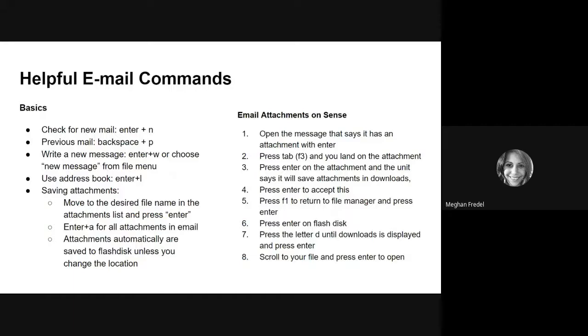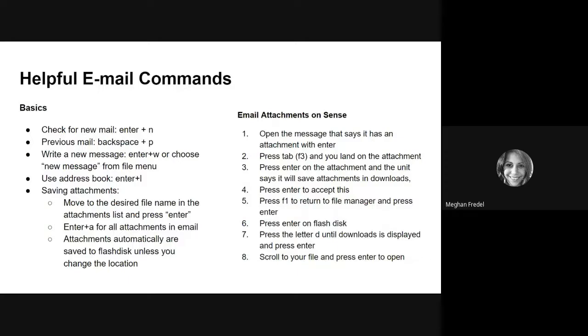Checking for new mail, which is Enter plus N. Looking at previous mail, backspace plus P. If you want to write a new message, hit Enter plus W, or you can also choose New Message from your file menu.